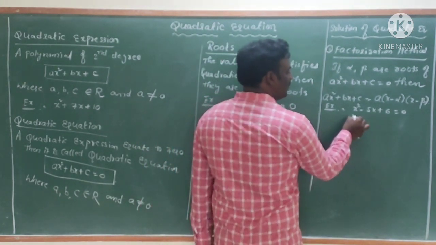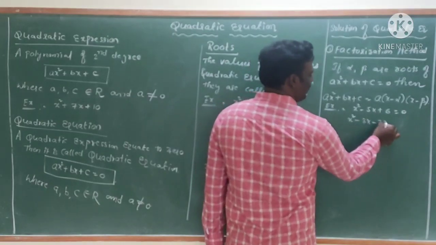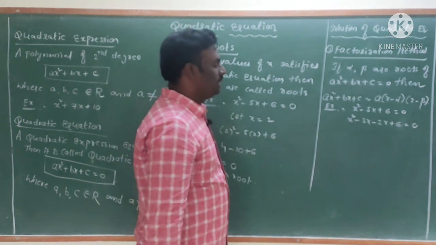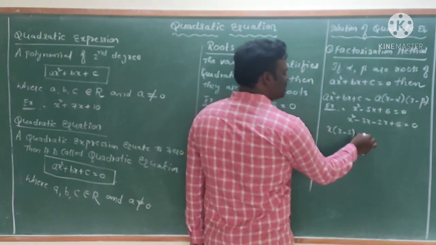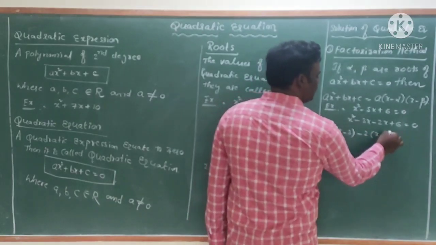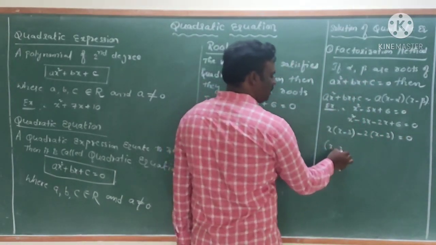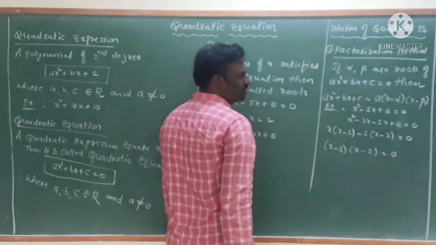Then x square, this minus 5x I can write as minus 3x minus 2x plus 6 equals 0. In this, if we take x common, x into (x minus 3), minus 2 common, (x minus 3). Again, which is common? x minus 3 is common. Then what is remaining? x minus 2 equals 0.